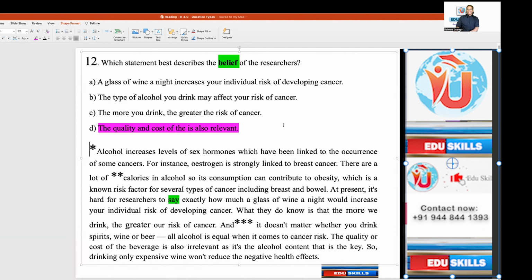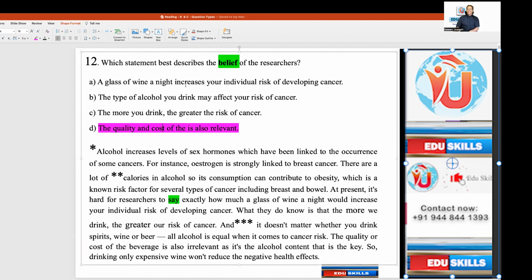You can eliminate it. Normally, any brand of drink, the topic sentence itself says alcohol increases. Okay. Sex hormones have been linked to the occurrence of some cancers. So alcohol increases is the factual statement. Alcohol increases the risk of occurrence of cancers is the factual statement.